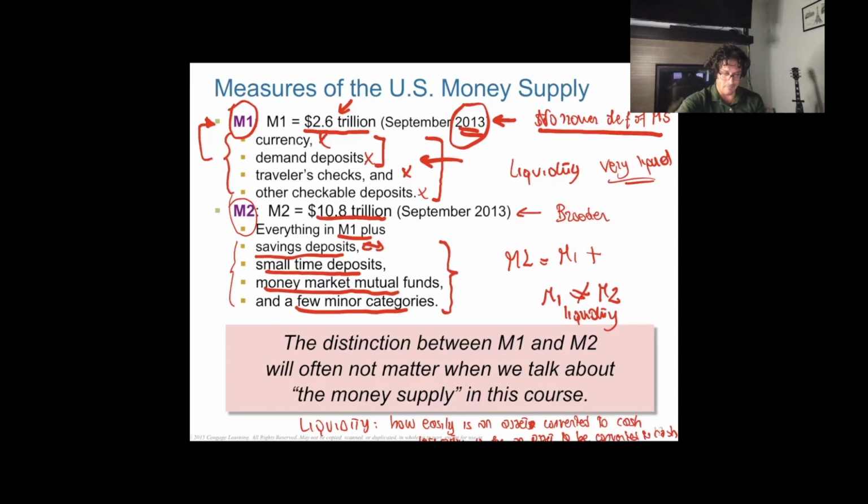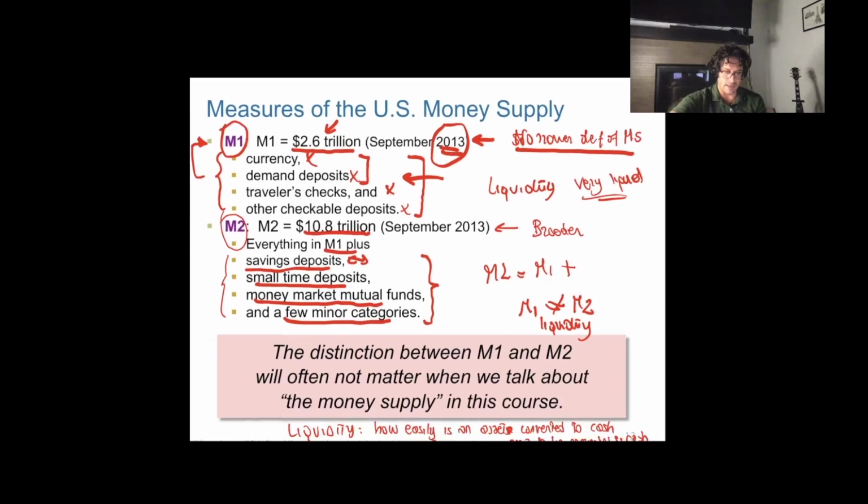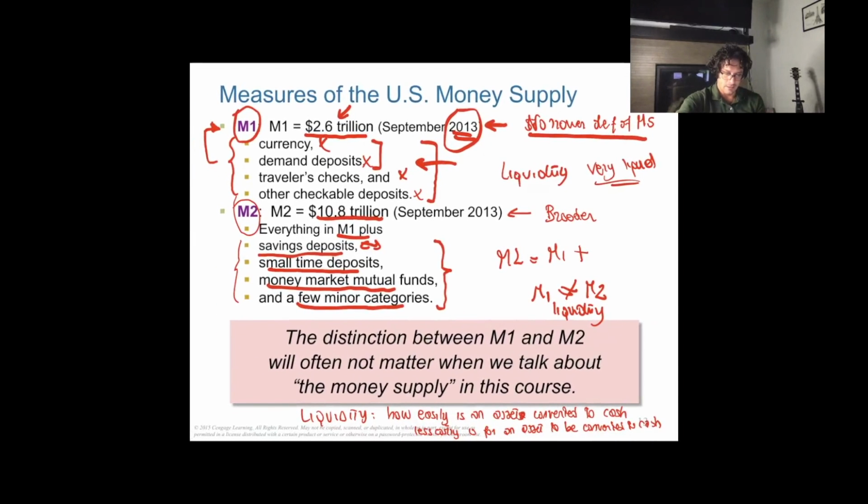So they are more costly. Let me go back to my definition here. Savings deposits are more costly to transform into cashable assets. They are more costly in order to make transactions.